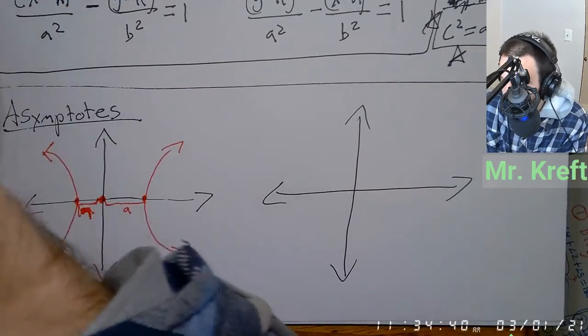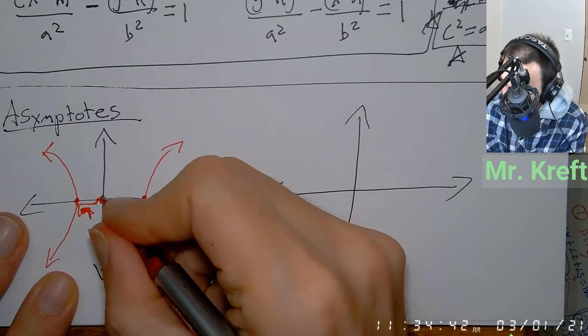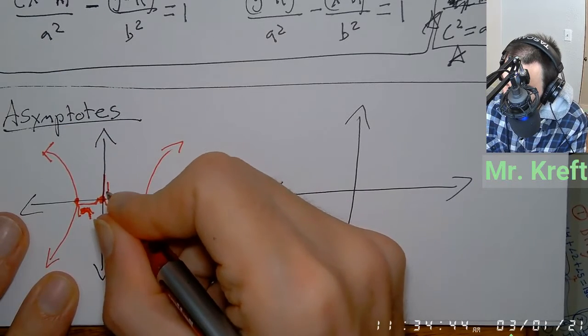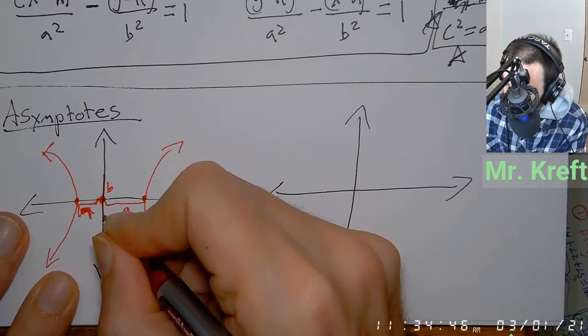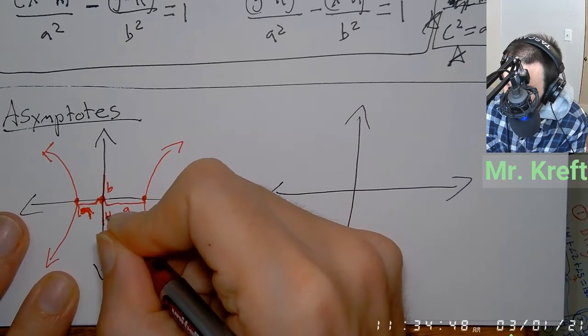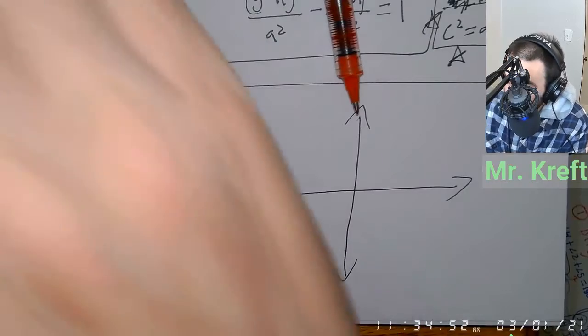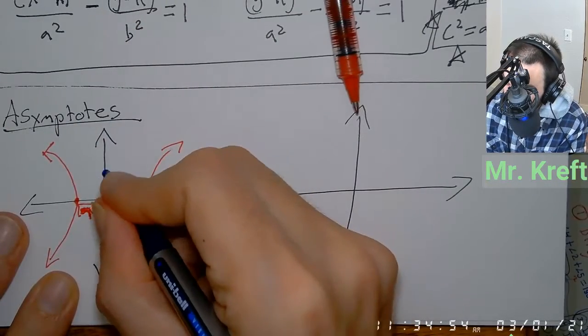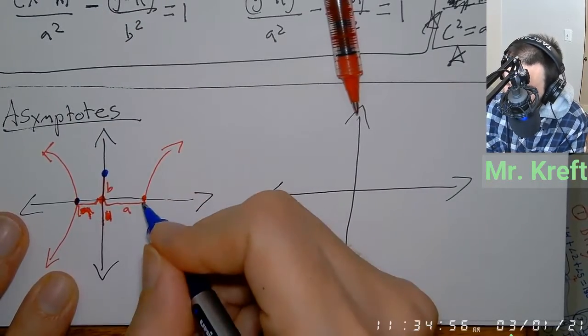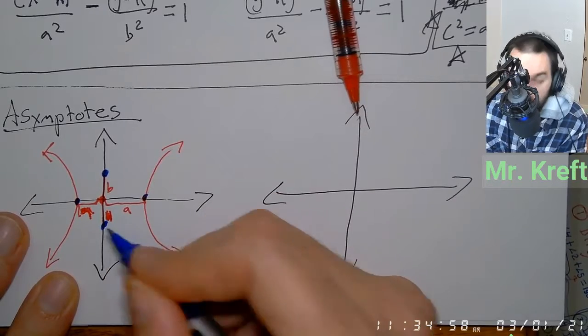And then what we have here is up, then we have some distance B and some distance absolute value of B down here. Oops, absolute value of B. I can't write. Now what that creates is this point, this point, this point, and this point.